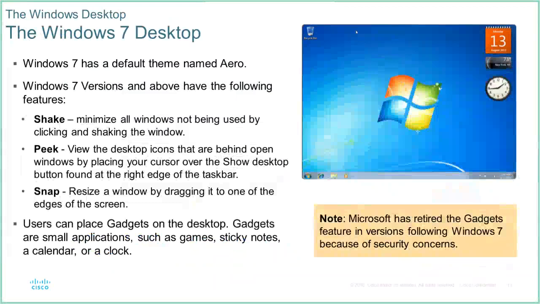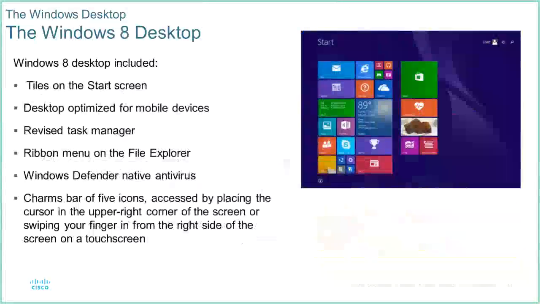Windows 7 desktop should be all fairly familiar. It first introduced the gadgets, which were later discontinued. Windows 8 introduced the mobile phone unified desktop. So basically, support for touchscreens came in.